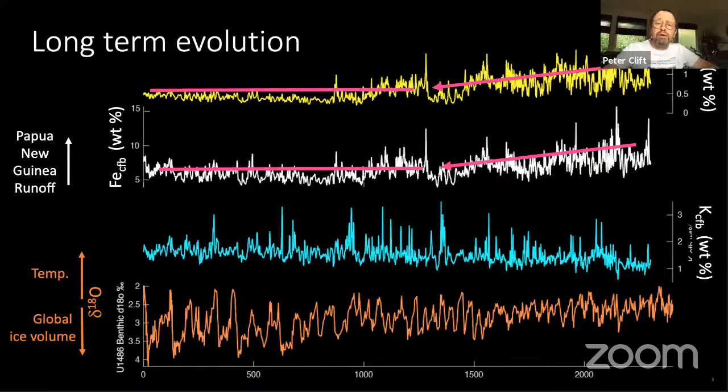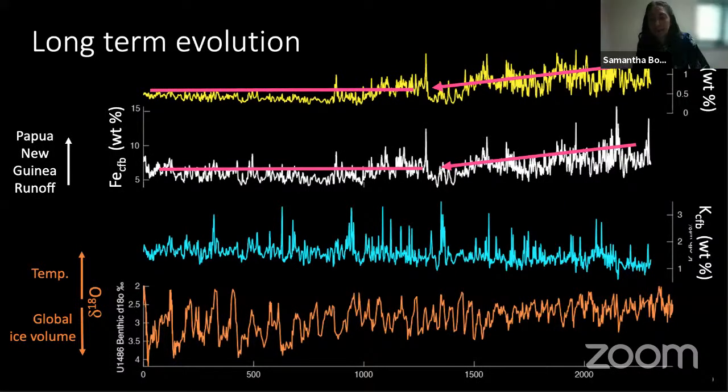I did wonder if it could be caused just by drainage evolution, if the river mouth was moving around. Yeah, so that's looking at changes in provenance, and I have a student looking now at the modern distribution of different chemical signatures across different parts of Papua New Guinea. I don't think we can align this change with what we see in the modern system, but it could have obviously been much different back in time.